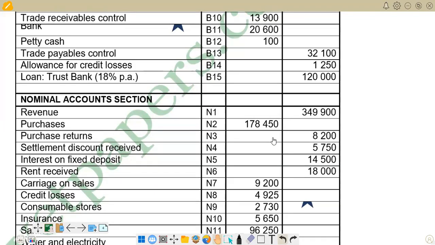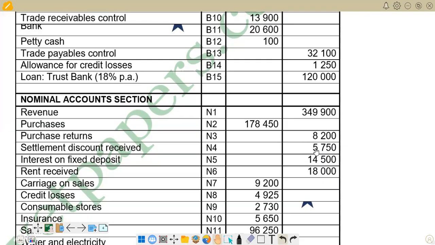We might also have some discount received during the process of purchasing. These are indicated as 5,750. This amount also reduces the figure for purchases.